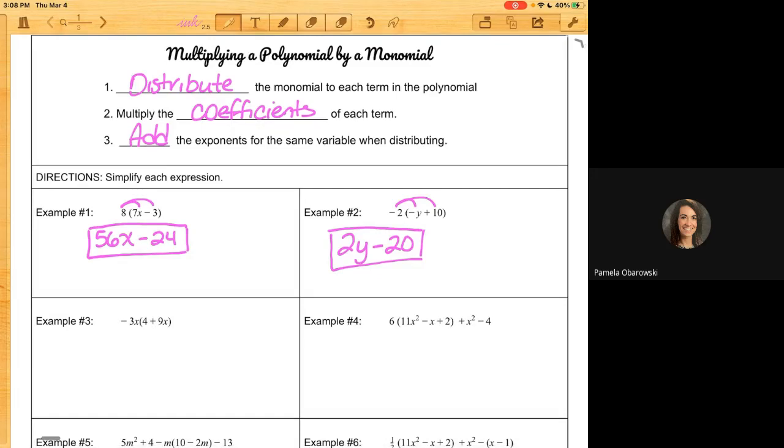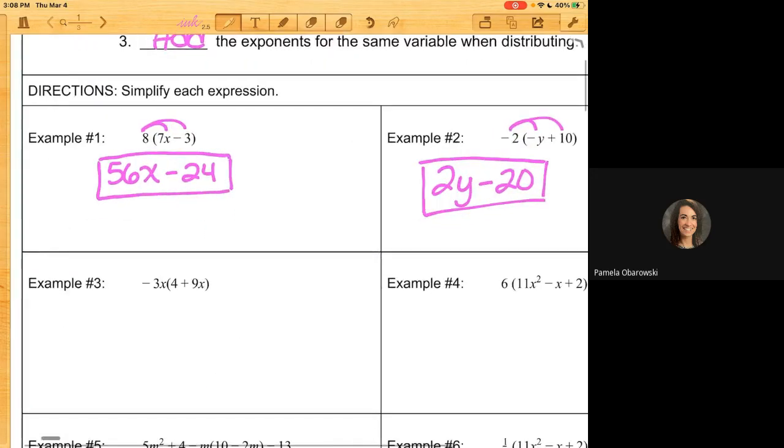On the next one, I'm going to distribute something a little bit trickier. I'm going to distribute a -3x. -3x times 4 is -12x. And -3x times 9x is -27x squared.